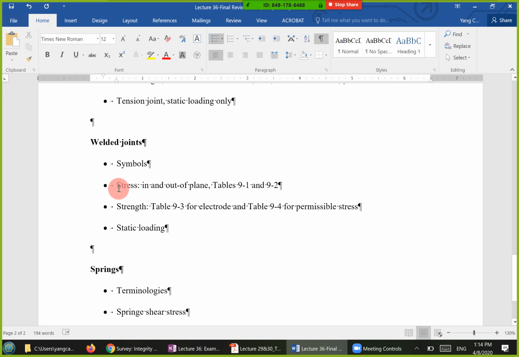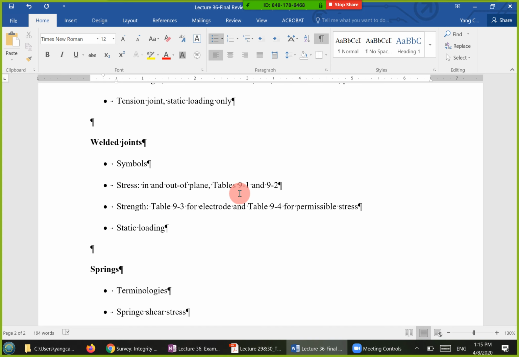Stress. There are two different cases: one is in plane, the other is out of plane. In plane means the force and weld group are in the same plane, and out of plane means the force and the weld group are not in the same plane. These two cases correspond to two different tables, 9-1 and 9-2, which give you the polar moment of area and the second moment of area.